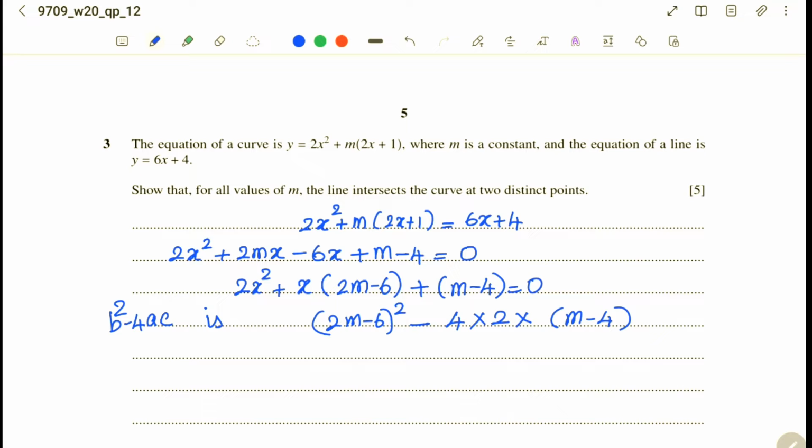Okay, now let us expand this one. 4m square minus 24m plus 36 minus 8m plus 32. 4m square minus 24m minus 8m is minus 32m, plus 36 plus 32 is 68.